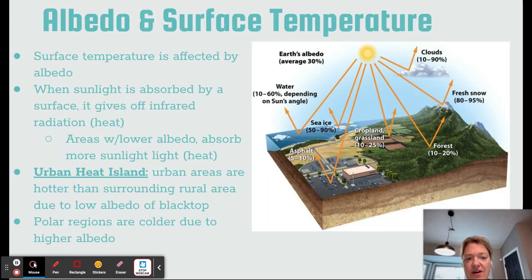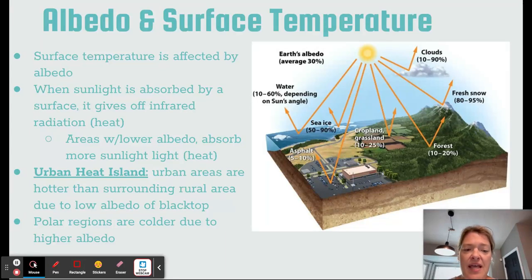Okay, and so urban areas basically have a very low albedo. Concrete and blacktop have a very low albedo. So just like water, they're absorbing a lot of that radiation, which is then transforming into infrared or heat.